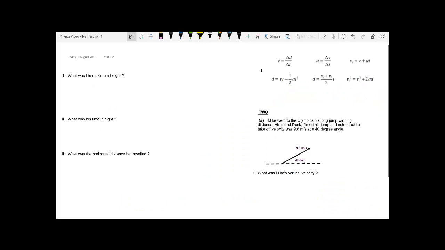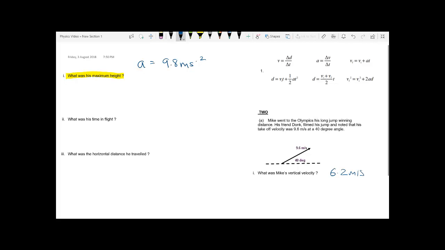Okay, now on to the next question. Again, this is quite typical, the maximum height. And when you look at that, again, you're looking through the kinematic equations. The acceleration, you're thinking here, is going to be 9.8 meters per second squared. And at this stage, you also know the initial velocity, which you calculated previously.